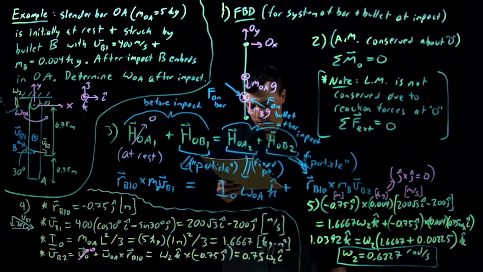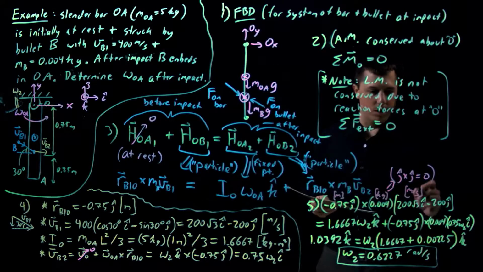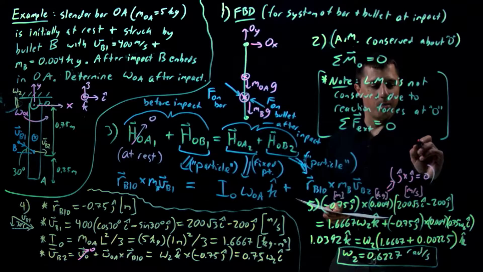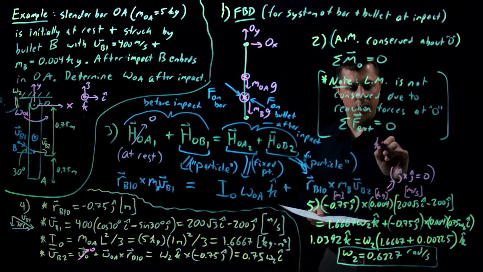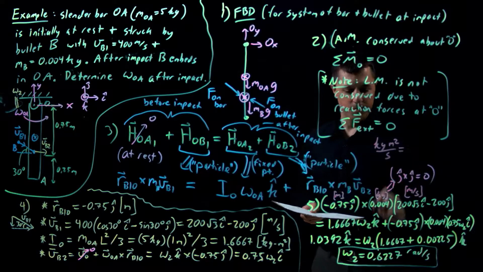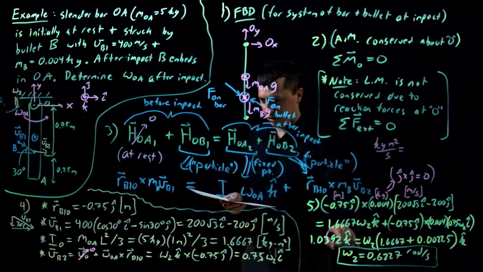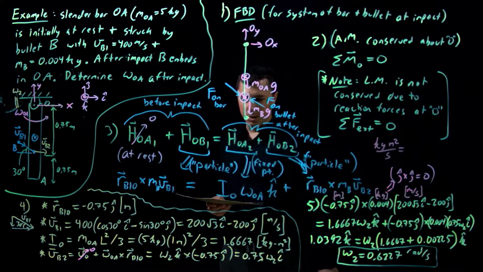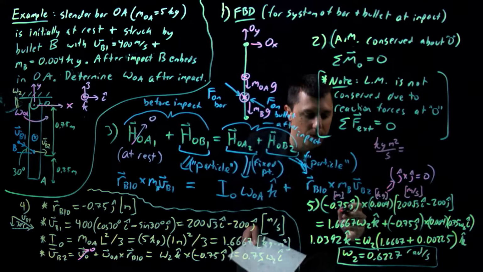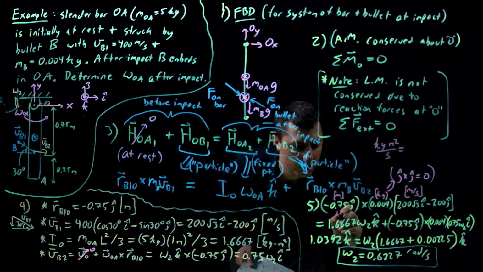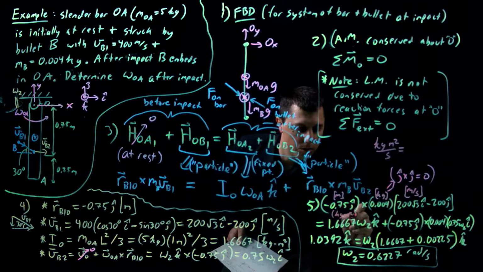Is that right? Yep. So on the left-hand side, we had kilogram meter squared per second. And on the right-hand side, what was the 1.667? That was a moment of inertia, which is kilogram meter squared.